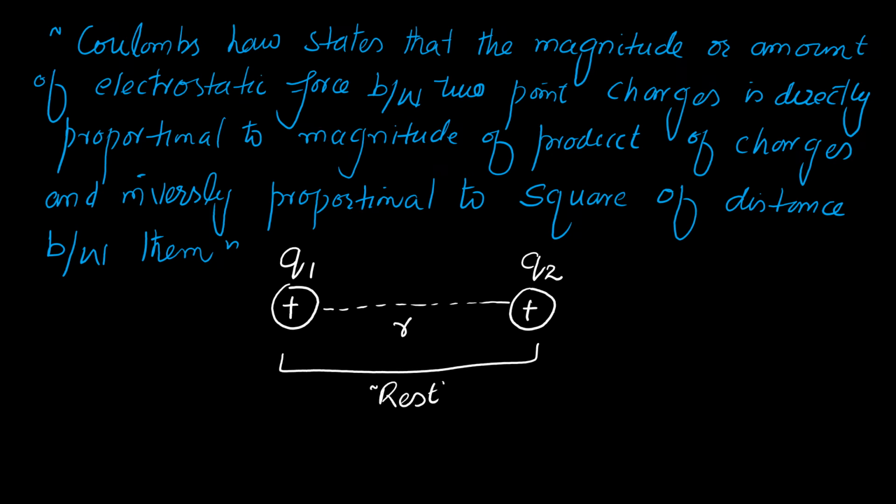Then what is the force exerted by these two charges on each other? When the charges are at rest, the law applied to know the magnitude of force exerted by the q1 charge on q2, or q2 on q1, is known as Coulomb's law.